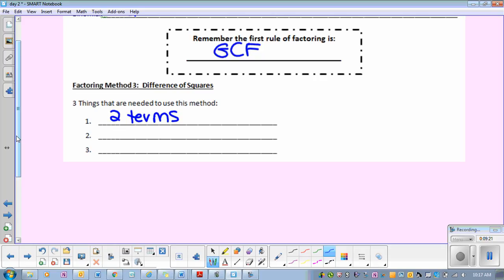When you hear the name difference of squares, what does difference mean in terms of math? Subtract. So it must be subtracting. If it's adding, you can't use this way.